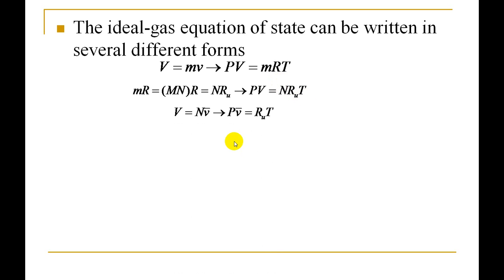Then from this relation, we can rewrite PV = N R_u T, mole number times universal gas constant times temperature. Again, we have another form. Volume is equal to mole number times specific volume per mole, V-bar. The bar over V means this quantity is per mole, so N times V-bar gives us volume.